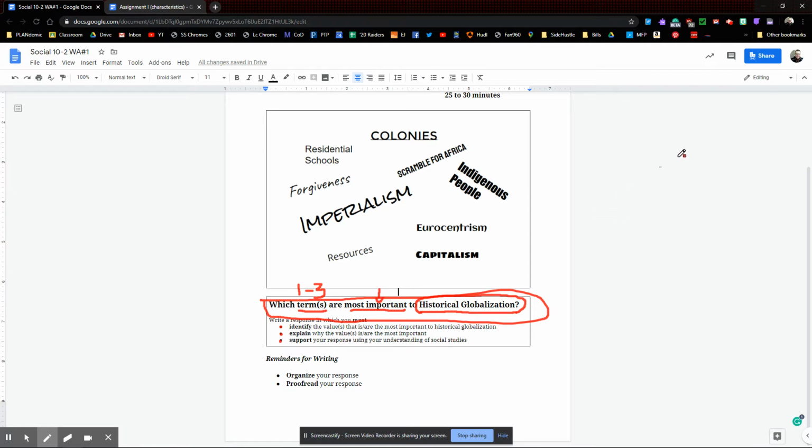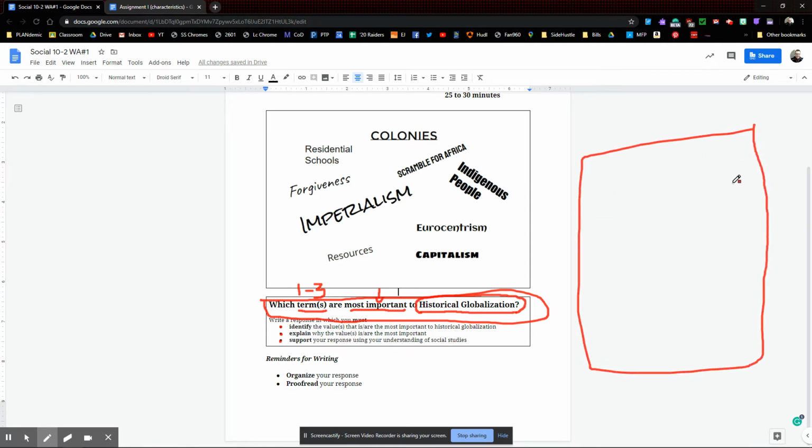Okay, so I'm just going to like pretend this is my page over here. This is my document that I'm going to submit. So first things first, I'm going to identify. So I'm going to say blank, blank, and blank, because I'm going to choose 3. Okay, have I identified? Yes.